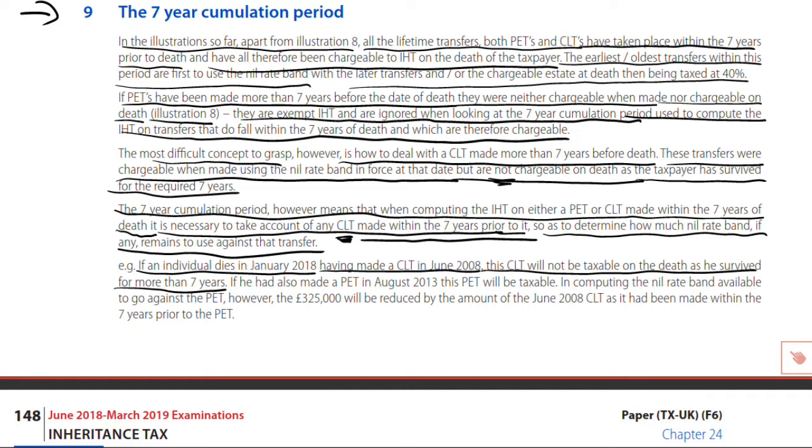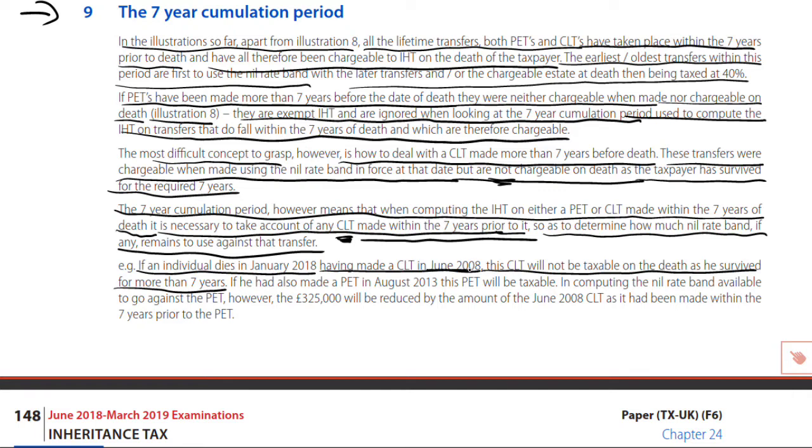If it was a PET made in June 2008, other than it would have used up any annual exemptions available to it, it was not chargeable when made, and it is not chargeable on death. So we can ignore the amount of any chargeable transfer. But a CLT was chargeable when made.